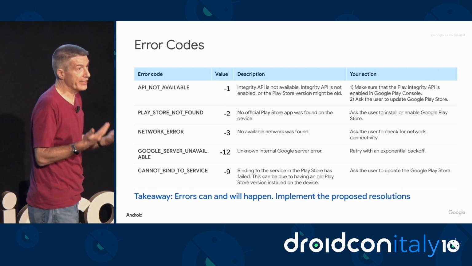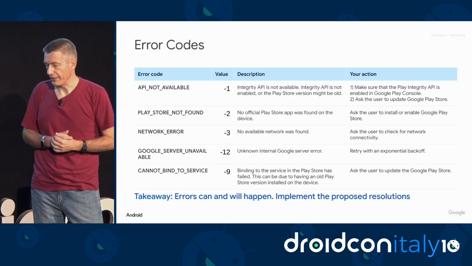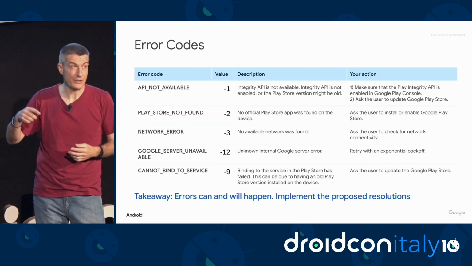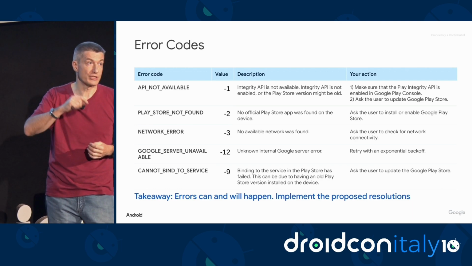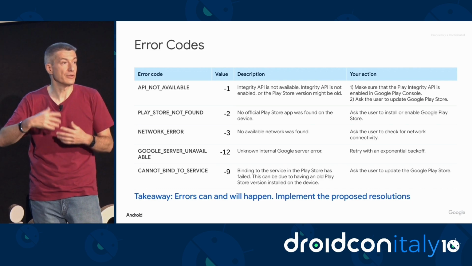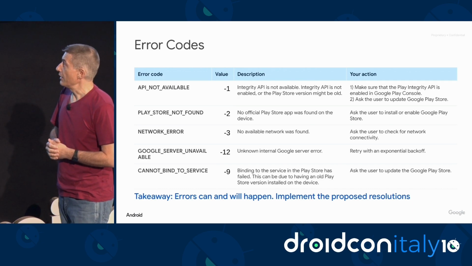In this case, you can only retry. There is some problem on the backend, on the Google server side. And also in Play, there is a link available to see the status of the Google servers, so you can check if you are getting more of these errors.